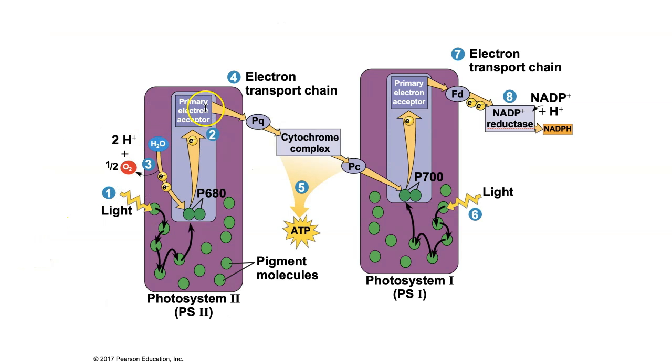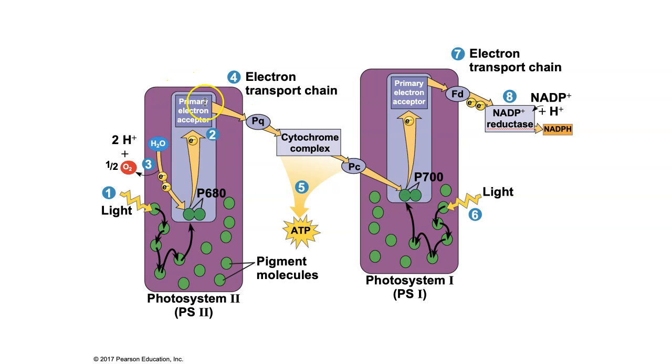So we have this excited electron here, and we have a series of cytochromes, which are proteins that are able to transfer electrons for the transfer of energy here. So we have a couple of cytochrome proteins that are going to be passing the electron down. They're going down its energy gradient.